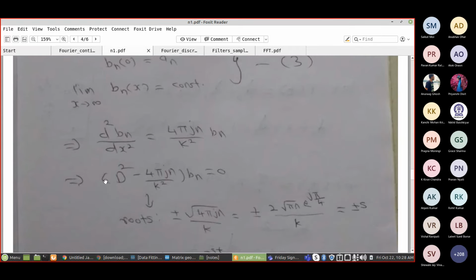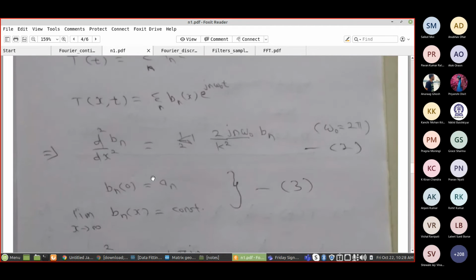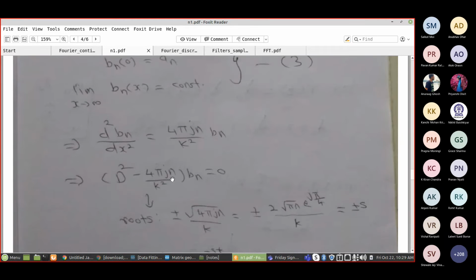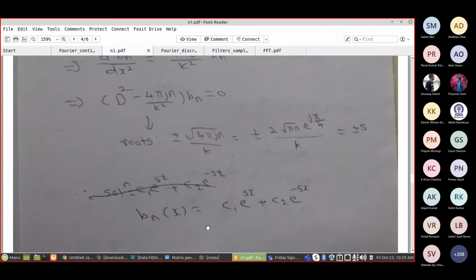The solution of this differential equation, this is an ordinary differential equation. Somehow we have managed to convert our partial differential equation using this Fourier series trick to an ordinary differential equation, a linear time invariant ordinary differential equation, and we know how to solve this. We need to find roots of this polynomial in D. I hope all of you know this.